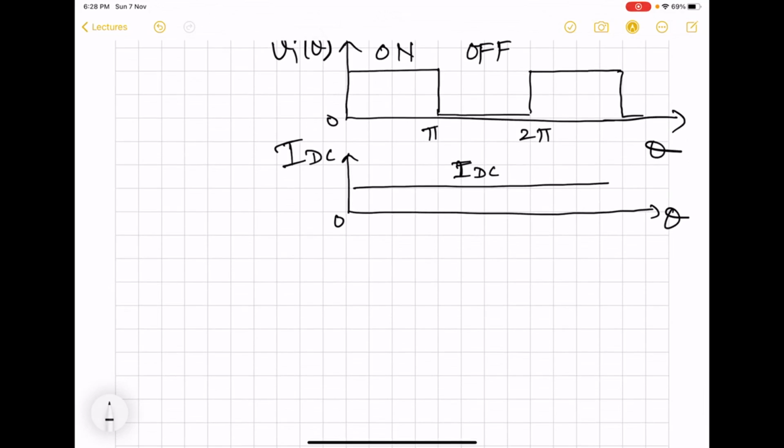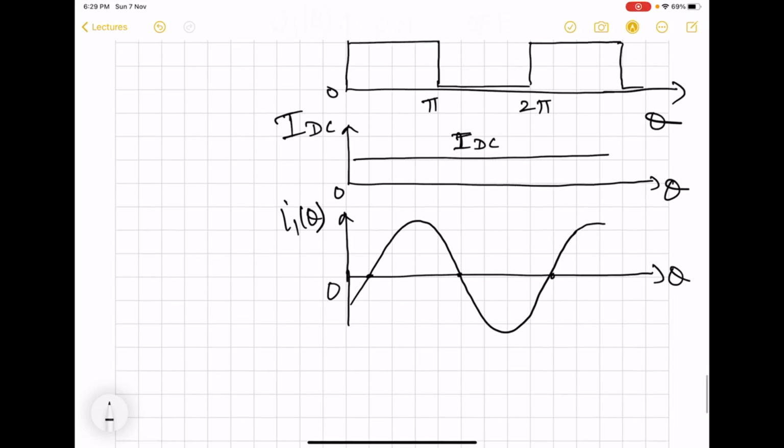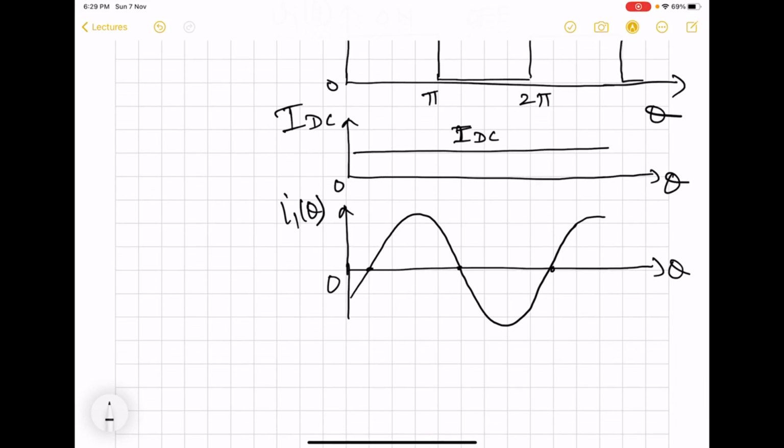Now we have assumed a sinusoidal current through the load with a certain offset. Here we have a phase shift at t equal to 0.